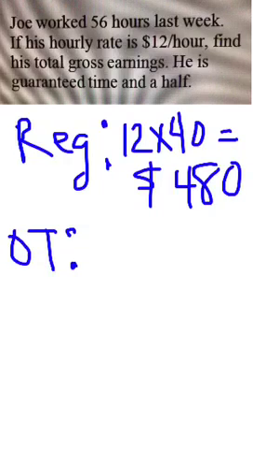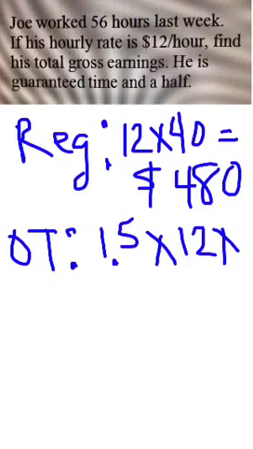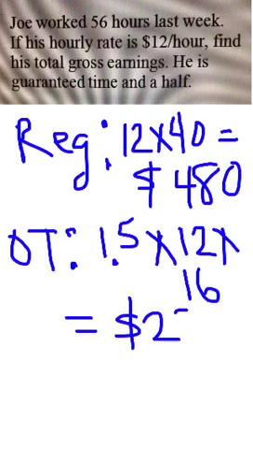So we multiply 1.5 by 12 times the number of hours Joe worked over 40, which in this case is 16. Multiply all of those numbers together, and you get $288 overtime.